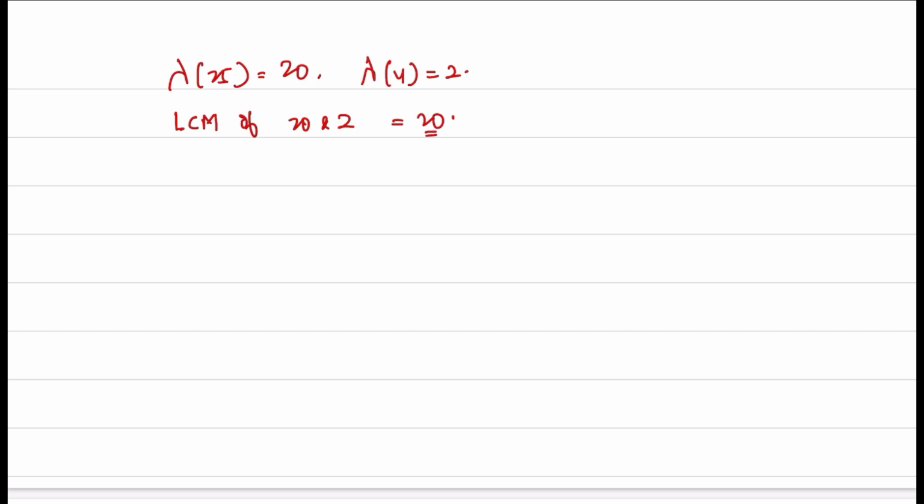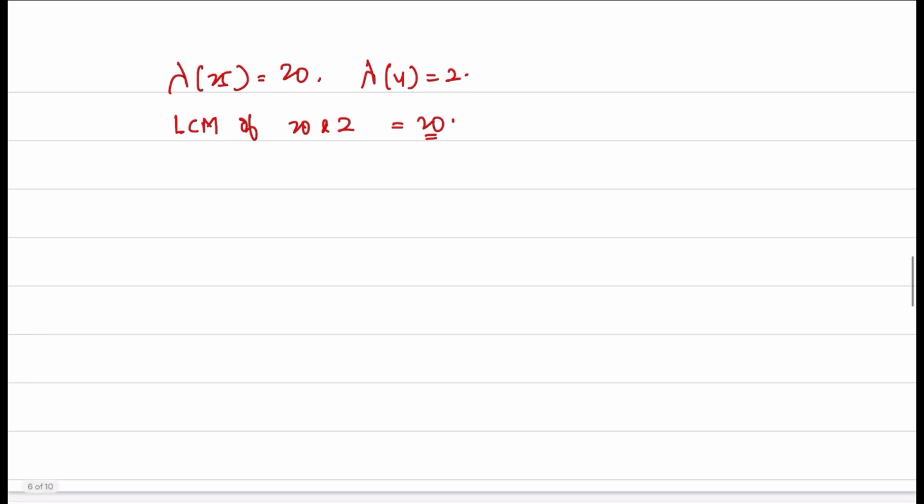That means the minimum exponent required for the modulo to repeat itself is 20. That means for every 37 to the power of 20, there will be cyclic repetition.